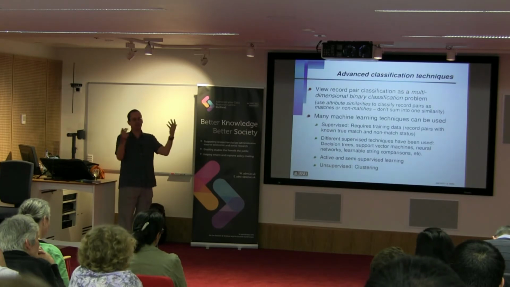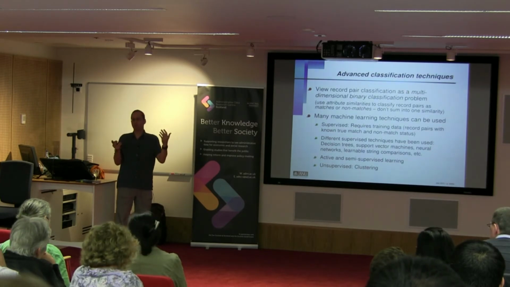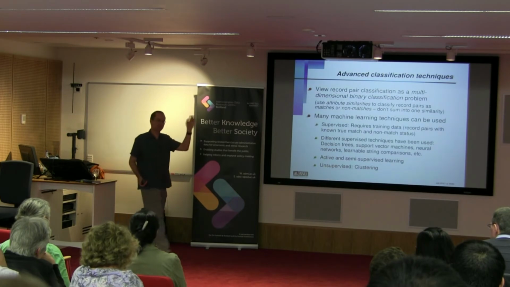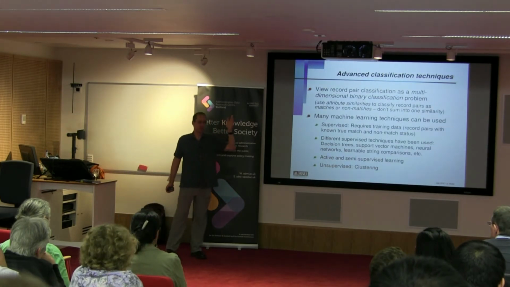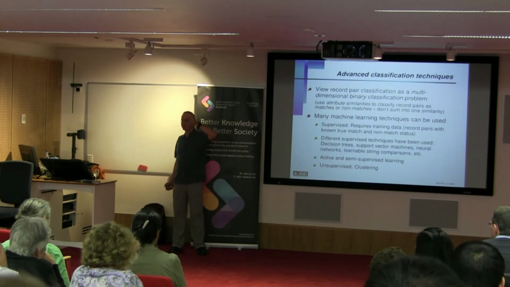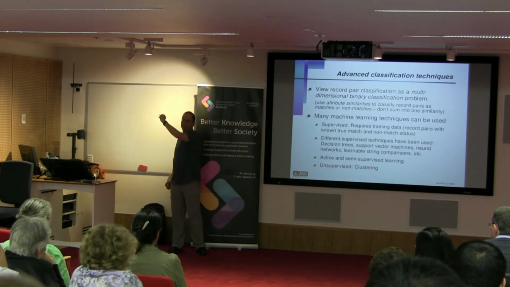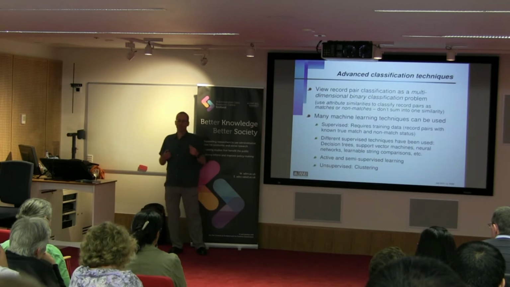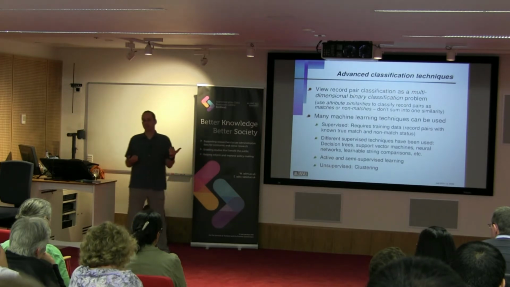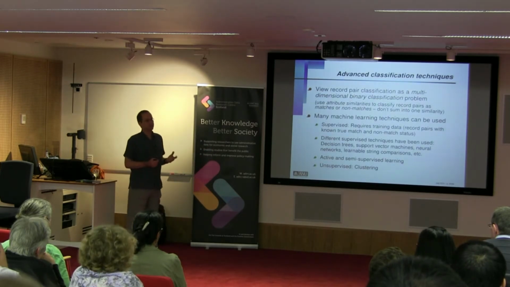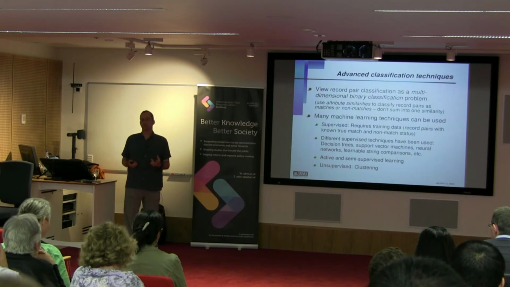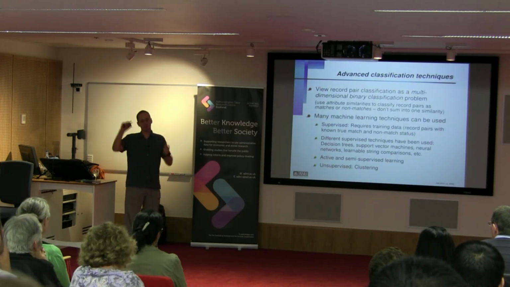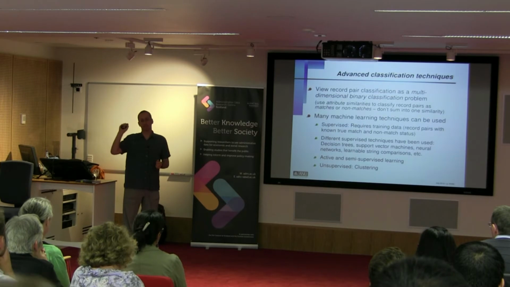Two records which have exactly the same attribute values will give us a vector of just ones. If you have the same first name, the same last name, the same postcode, the same street address, each of these comparisons will give us 1, 1, 1, 1, 1, 1, 1. It's pretty obvious that these are the same person. What we need as training data is the really hard cases, the ones where we have nicknames, the ones where we have slightly different addresses and things like that.